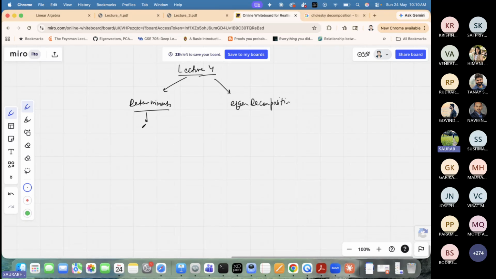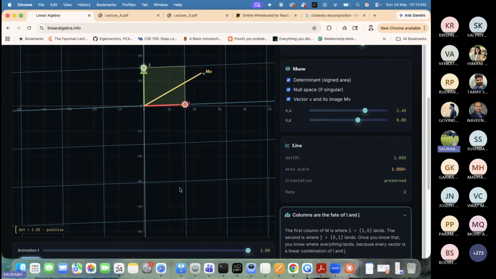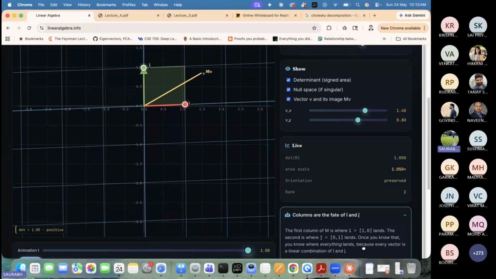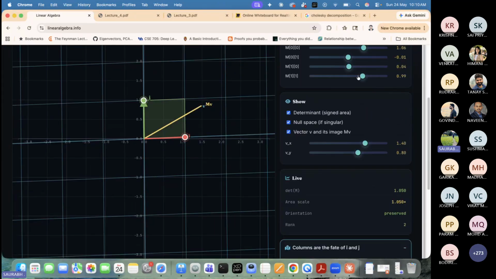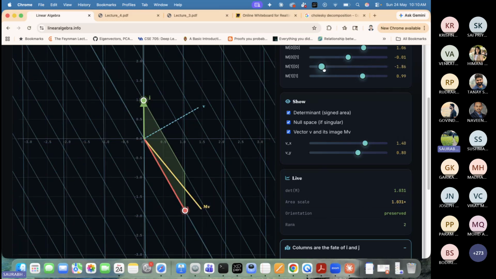Determinant, I told you, whenever the transformation is happening, the determinant is the change in the volume or the change in the area, right? So if you look at this particular part, you see this green region. The determinant basically is how this area scales during the transformation. If I change this, you are able to see how this entire green area changes.